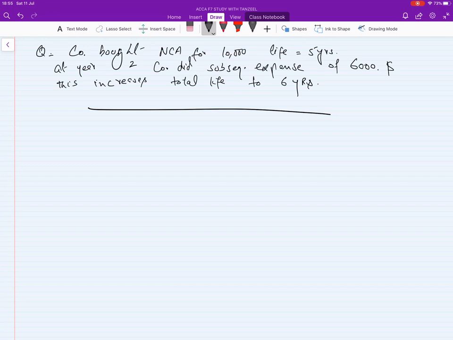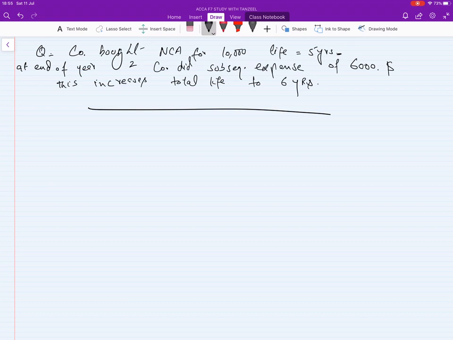Okay, let's discuss this question. A company bought a non-current asset for $10,000. The life of the asset was 5 years. At the end of year two, the company did a subsequent expense of 6,000.